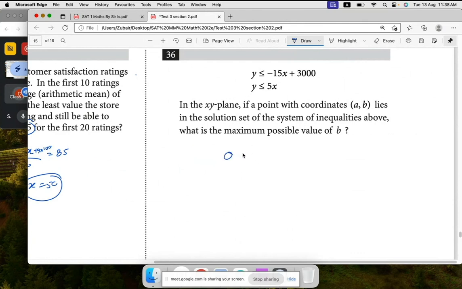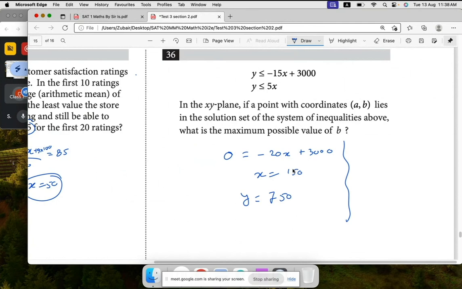Subtracting both of them, 0 is equal to minus 20x plus 3000. So x is equal to 3000 by 20, which gives me 150. And y is equal to 150 into 5, which is 750. So what is the maximum possible value of b? B is y.